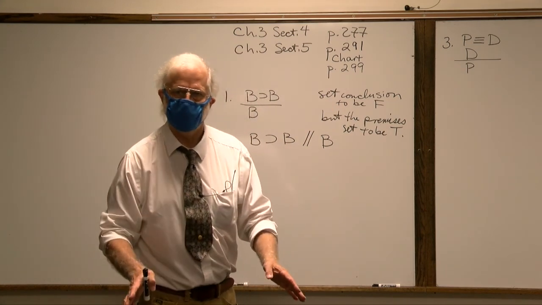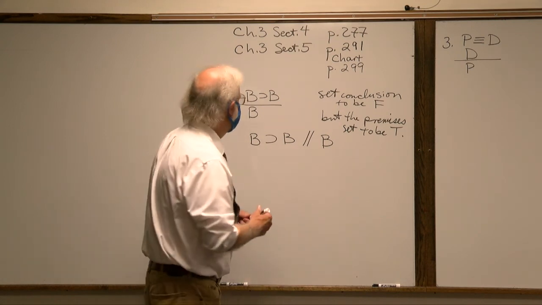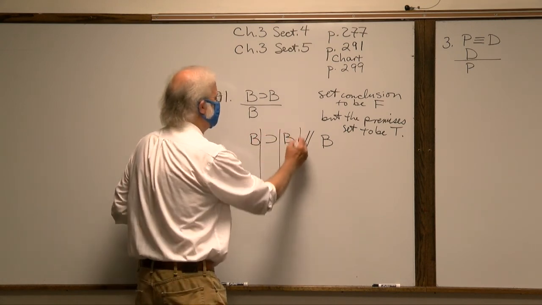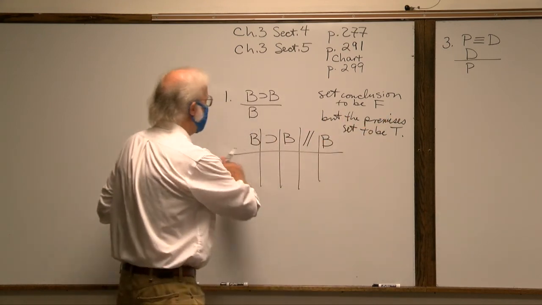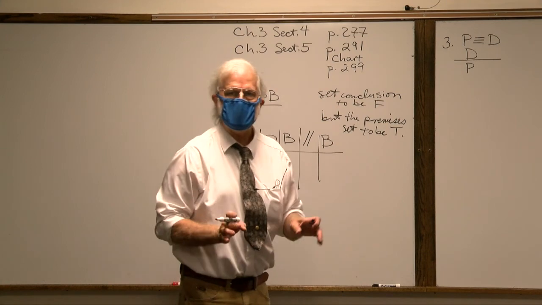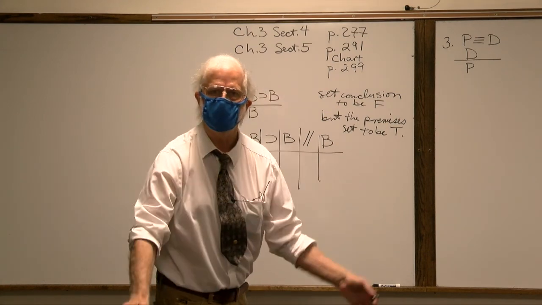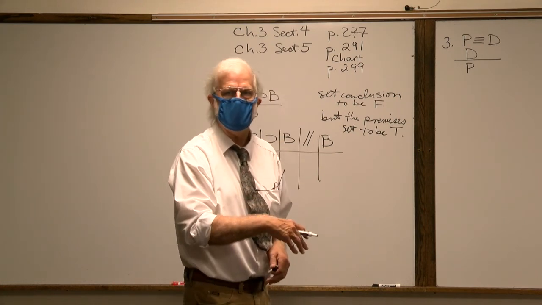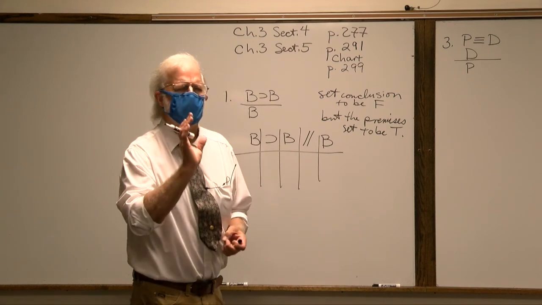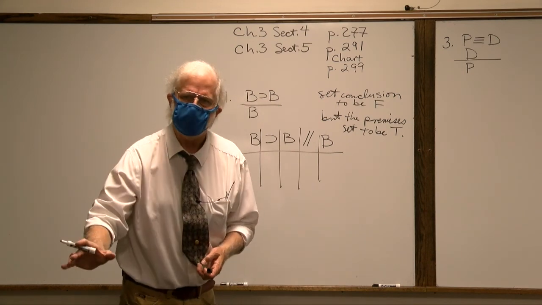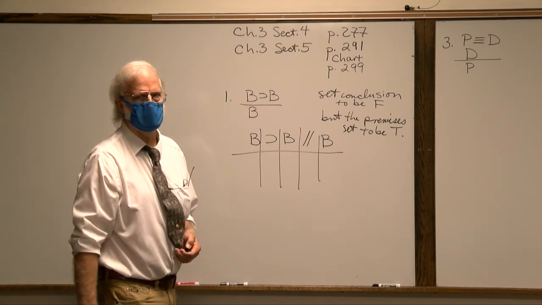It's an invalid deductive argument. So what we're going to do in this method is we are going to set the conclusion to be false. We'll try and make the premises true, and if we can do that consistently, we've shown it's invalid and we're done. If we cannot do that without deriving a contradiction, then we have not been able to prove it's invalid. In other words, we've indirectly shown that it's valid.